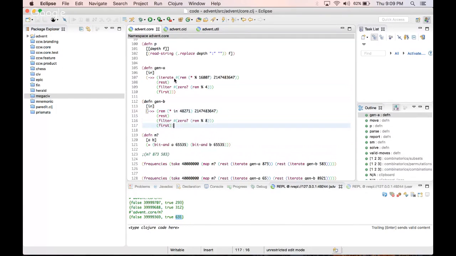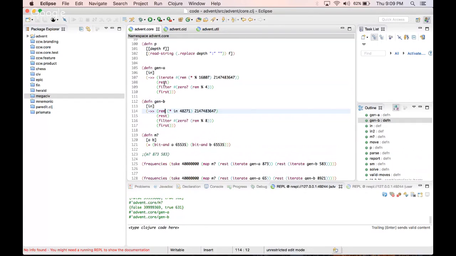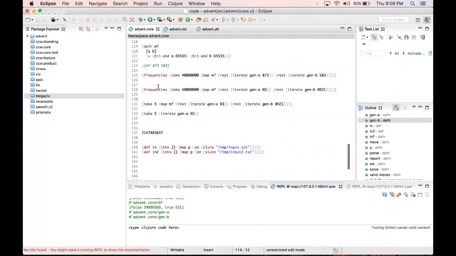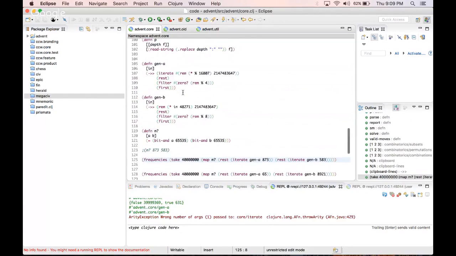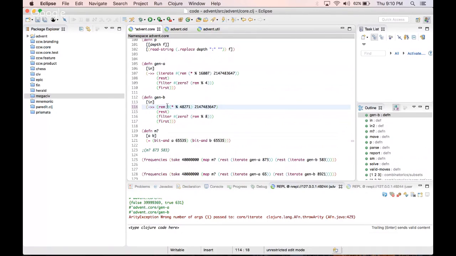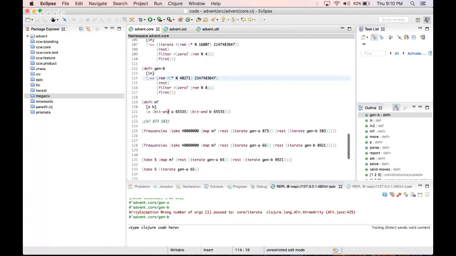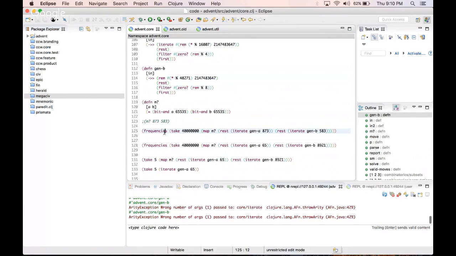All right, so change gen A, change gen B, and run our code again. Wrong number of, right. This needs to be changed. Good. Okay.